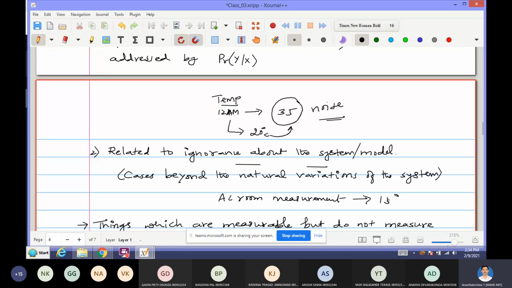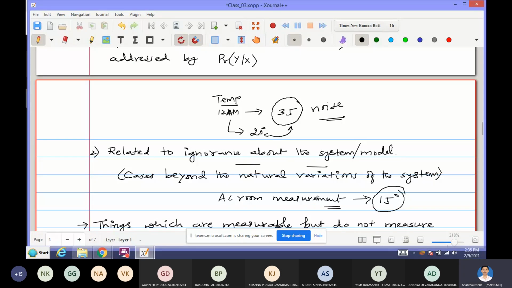So this is actually not the correct measurement. The measurement that has been taken is correct, but it's not taken in the right place, or it has to do with the system. Okay. So in such a case, again, the probability of y given x helps in addressing such problems.